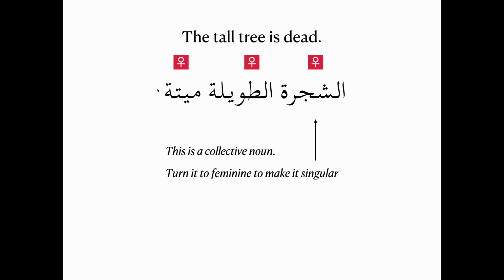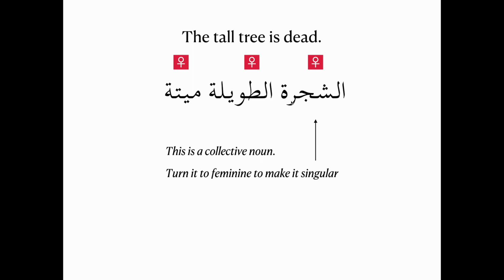Well, the masculine is shajar. Shajar is a collective noun, and it's masculine in its grammatical form. So that means shajar refers to a group of trees, like maybe a forest or some woods. Shajara, if you make it feminine, it makes it singular. If you're talking about that one tree, it makes it feminine.